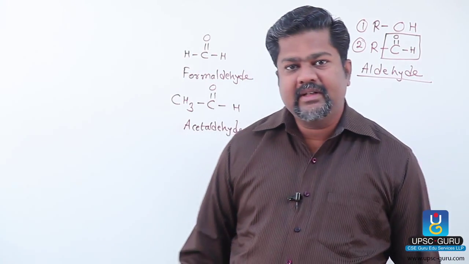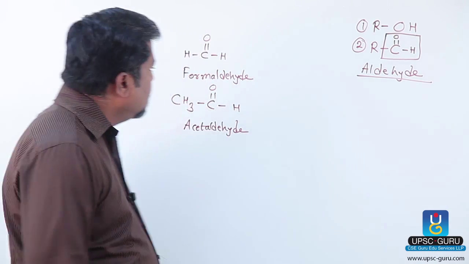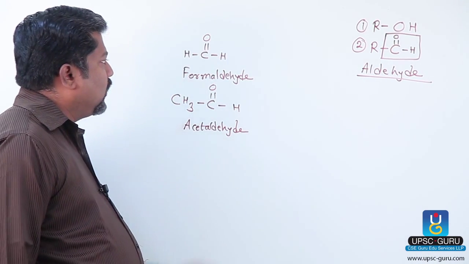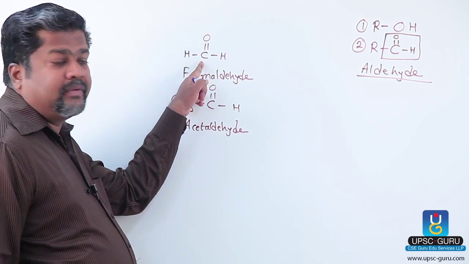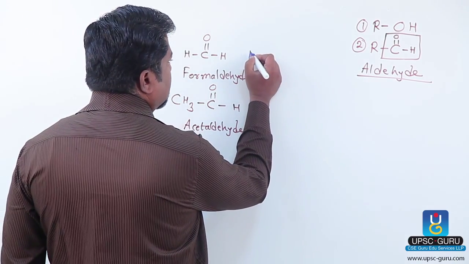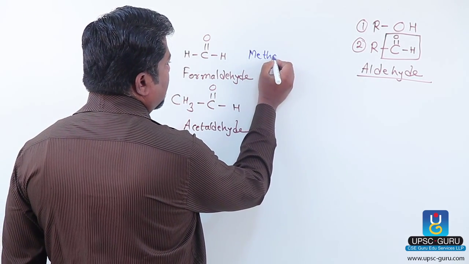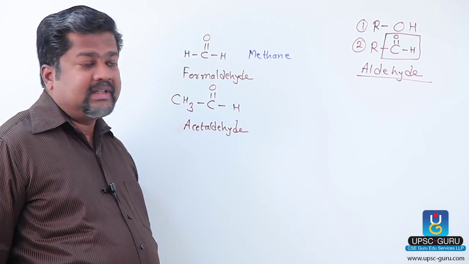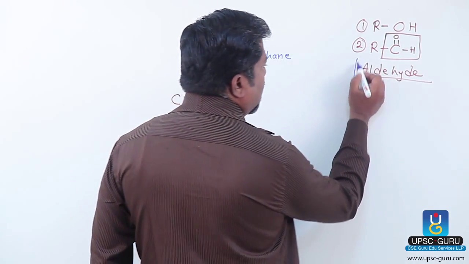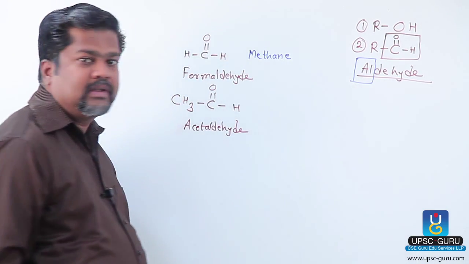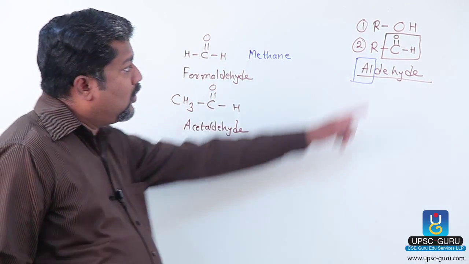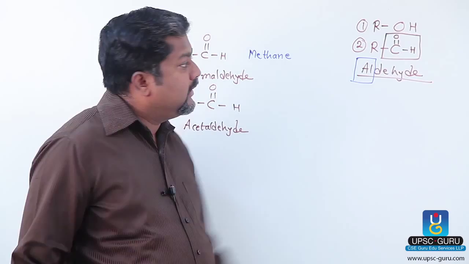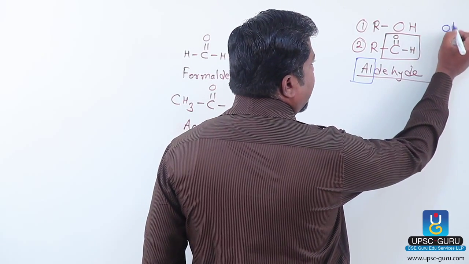According to IUPAC nomenclature, we have to find the parent carbon chain. Number of carbon is 1, so it is named methane. Now this is an aldehyde, so I have to go by the suffix. In alcohol we named it OL.